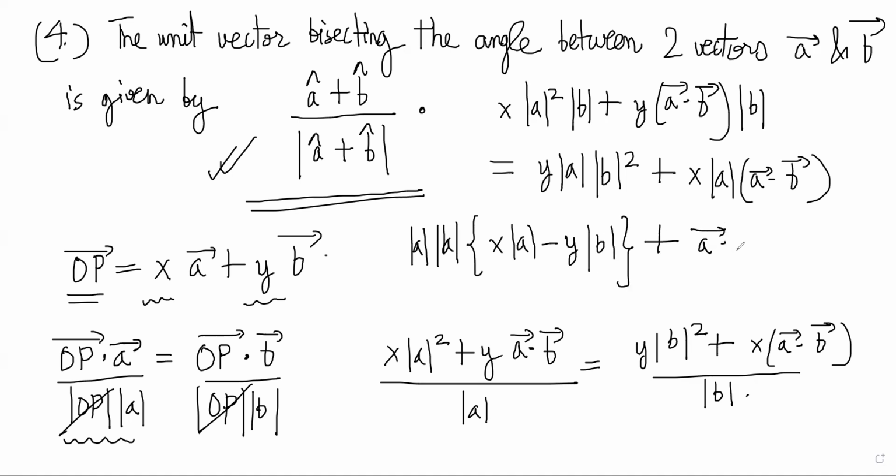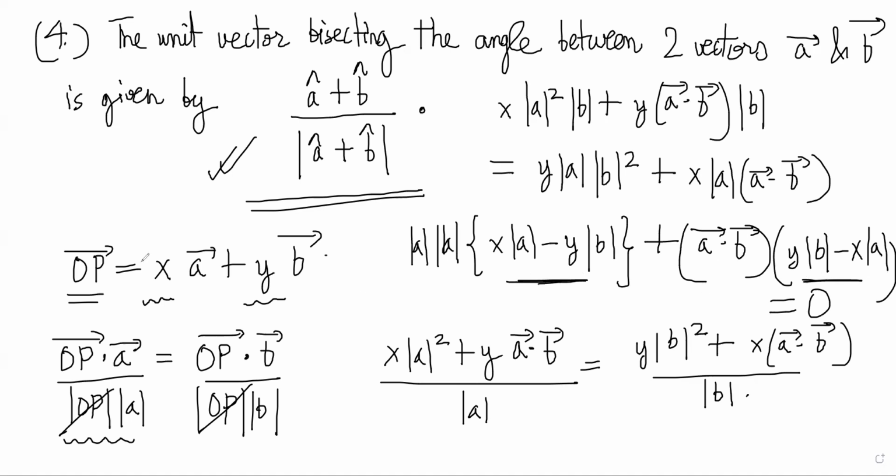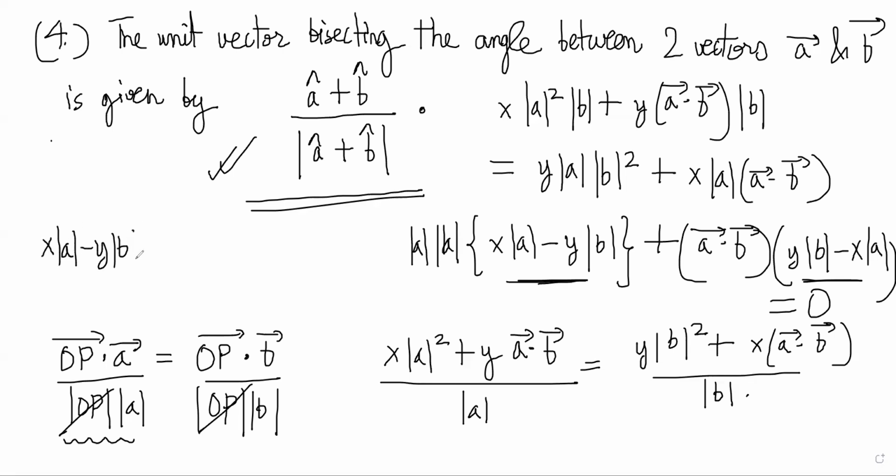plus here A dot B common, and you have again y times mod B minus x times mod A is equal to 0, right? So what we have here is, you can take this factor as common from both, and if you do that, you end up getting x mod A minus y mod B common factor, and you have mod A mod B minus A dot B, right?